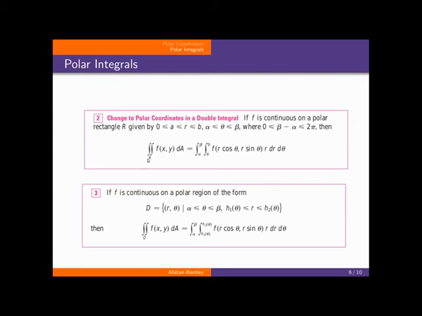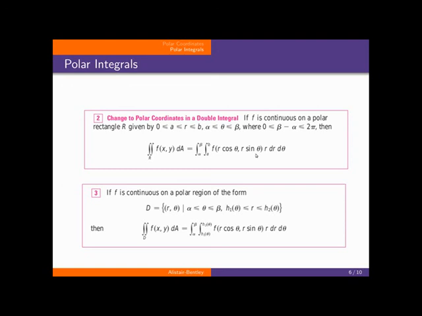In this case, we can start with the Cartesian integral, and we can move it to the polar coordinate integral by first taking the integral from alpha to beta, which is the angle variable, next from a to b, which is the distance or length variable, and then everywhere in the function that we have an x-coordinate, we're going to replace it with r times cosine theta, and everywhere in the function that we have a y variable, we're going to replace that with r times sine theta.